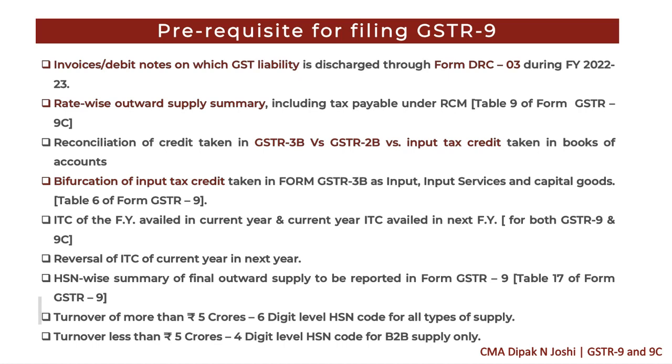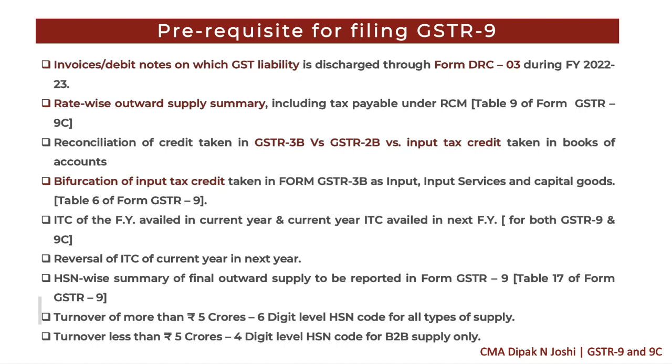And this is very important because if you see, GSTR 9C provides the rate-wise liability as per books of account, right? And tax paid as per GSTR 9. So tax paid as per GSTR 9 is nothing but the tax paid in GSTR 3B.